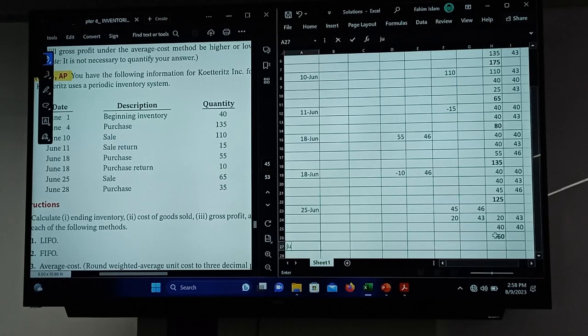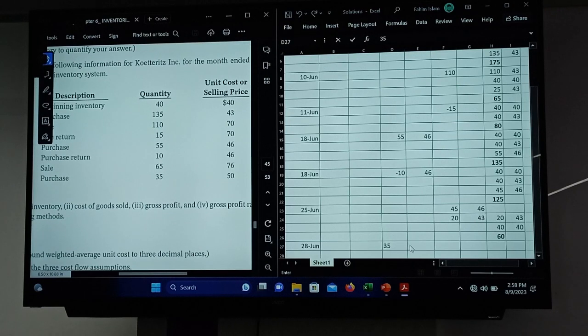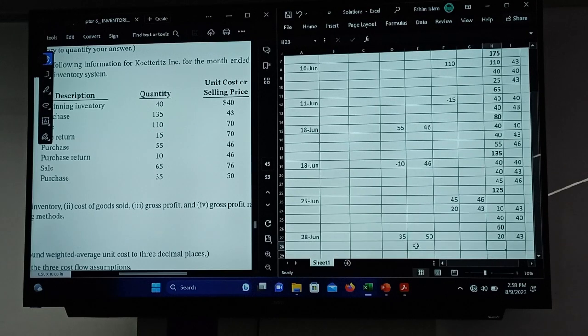Finally, at June 28, we will add the purchase in our purchase column, 35 units, and what is the rate? The rate is 50. So the total amount will be 20 at 43 plus 40 at 40. The 40 should be written first: 40 at 40 and 20 at 43.